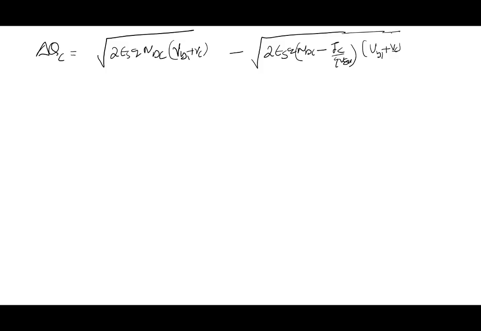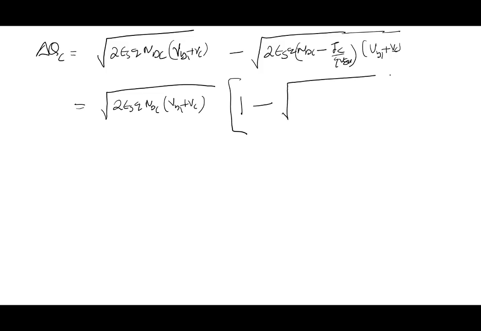This is what we are calculating. We're looking at small increments, so we can take out the common factor, square root of 2 ES Q NDC times VBI plus VC, times 1 minus square root of NDC minus JC by Q V sat, divided by NDC. Is that okay?